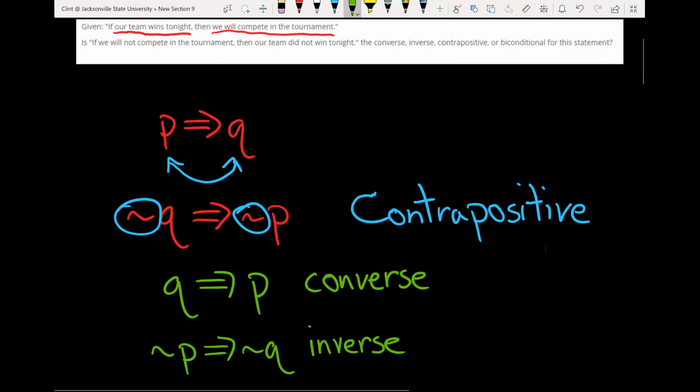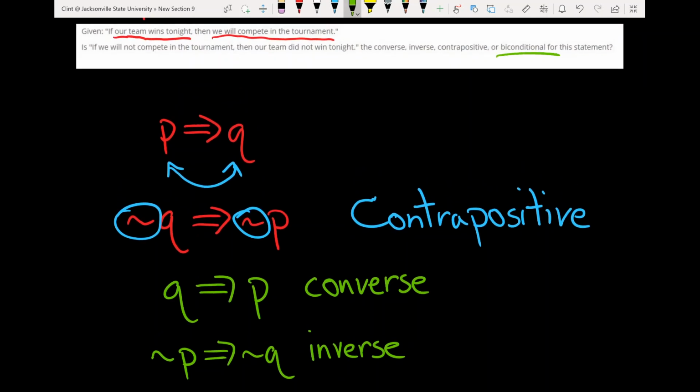And this biconditional is the easy one, because a biconditional always says something like "if and only if." So the biconditional is always going to have some wording equivalent to that in there. So converse, we switch the two statements. Inverse, we negate the two statements. Contrapositive, we switch them and negate them. And the biconditional is kind of on its own.